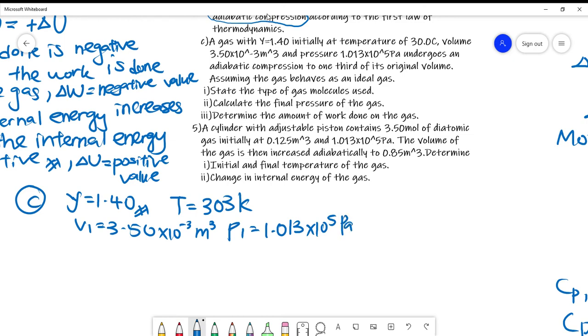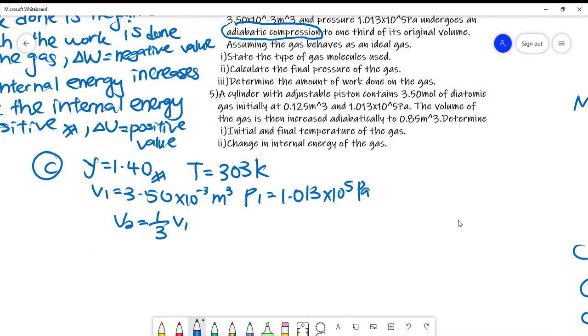It undergoes an adiabatic compression to 1/3 of its original volume. So my V2 is equal to 1/3 V1. Assuming the gas behaves as an ideal gas, state the type of molecule used. As I mentioned just now, since the gamma is 1.40 from the formula that we use, the gas we use is a diatomic gas.